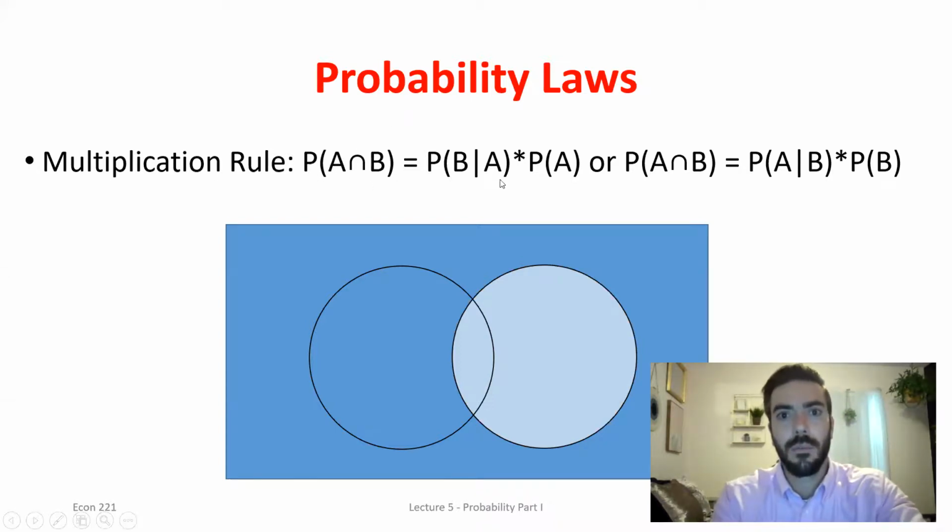One thing that comes out of knowing something about the conditional probability is we have this multiplication rule.